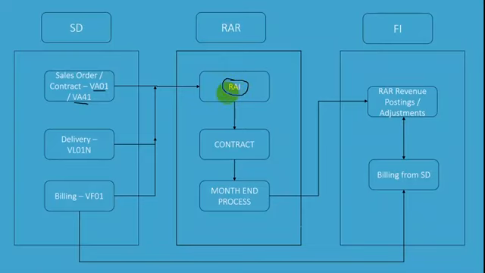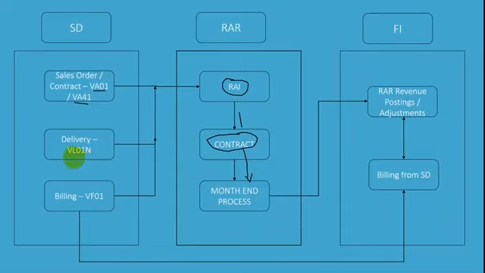Then from this revenue accounting item, a contract will be created. Then for this contract, we are going to perform the month end process.